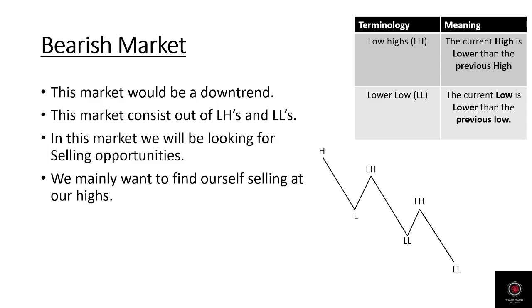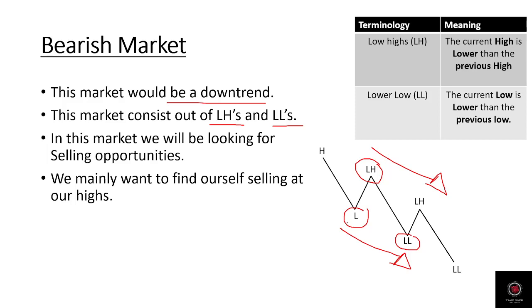This market would be a downtrend. As you can see, the overall move is to the downside. A bear market consists of lower highs and lower lows. That is an actual bear market.